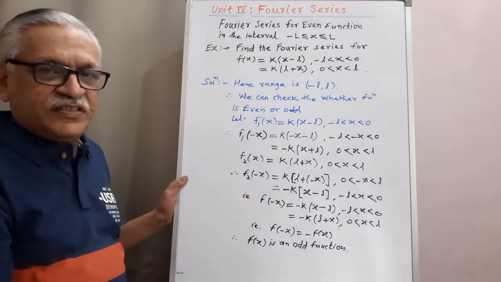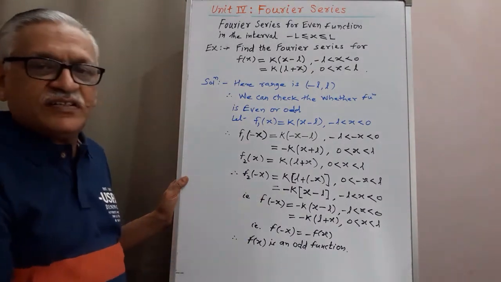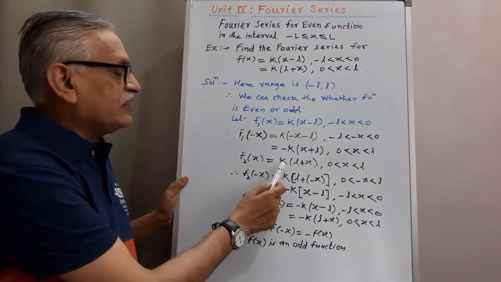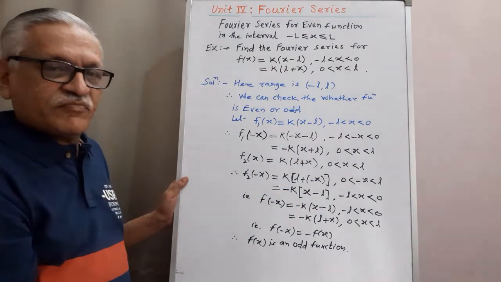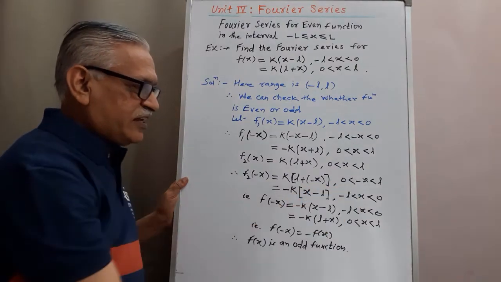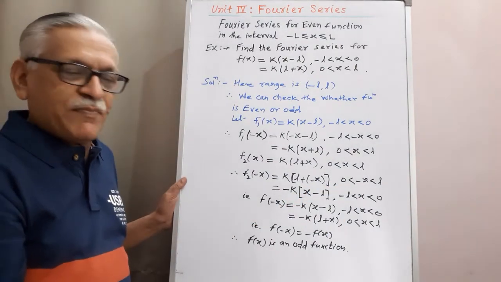Similarly, for the second function, f2(x) = k(L + x), range 0 < x < L. Here also we replace x by −x.